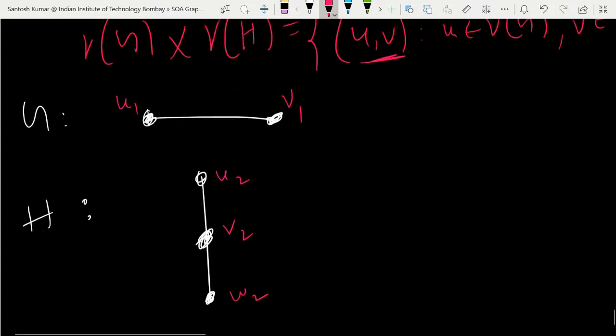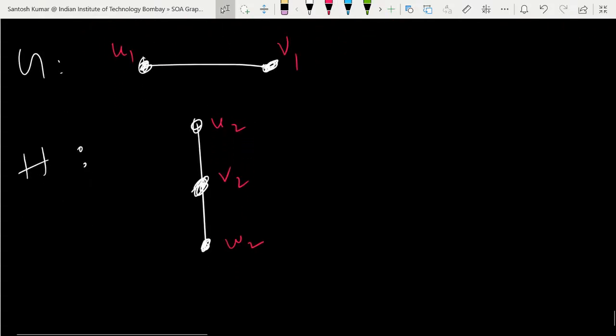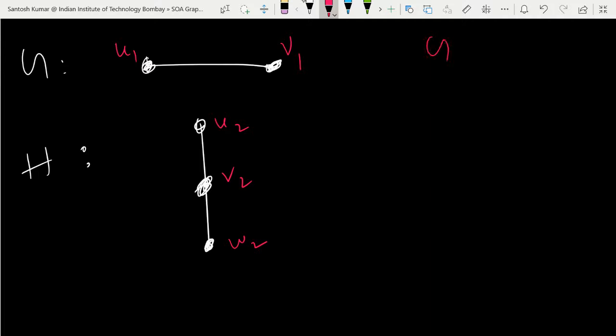Now I want to write the Cartesian product, G Cartesian product H. First of all, G has two vertices, H has three vertices. So the Cartesian product will have how many vertices?